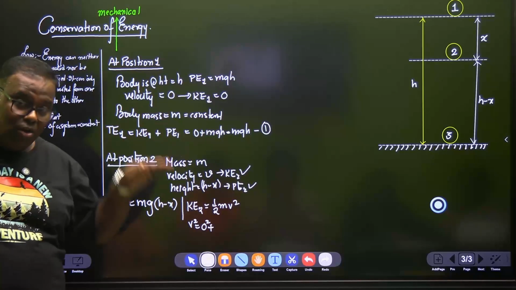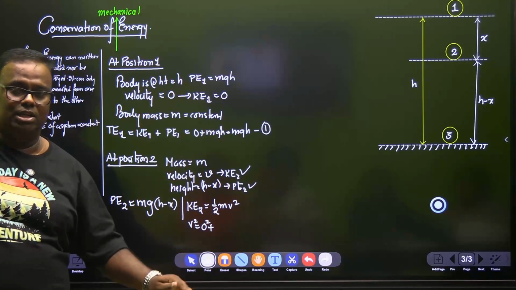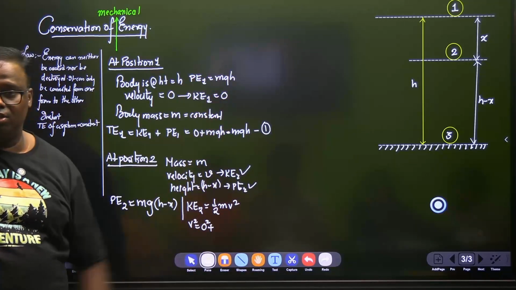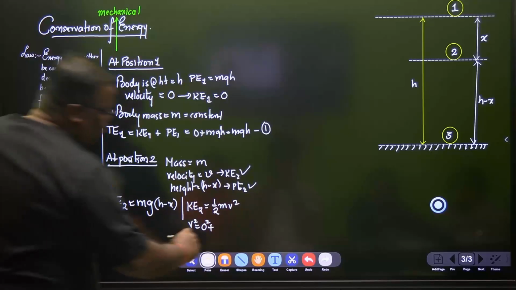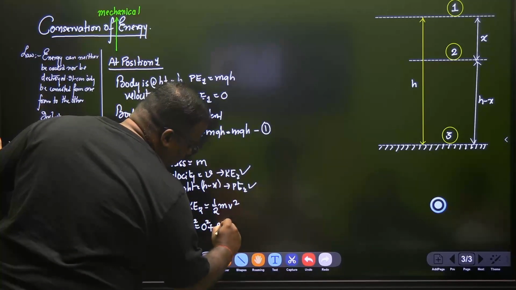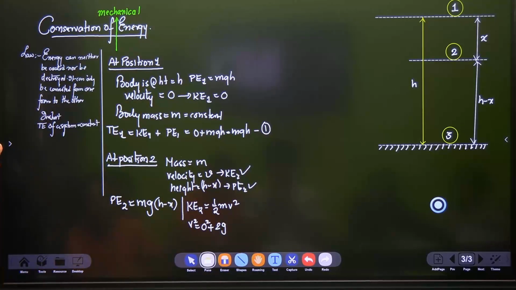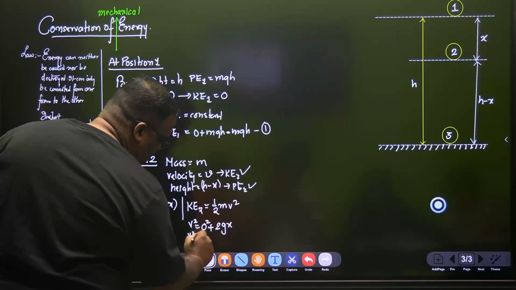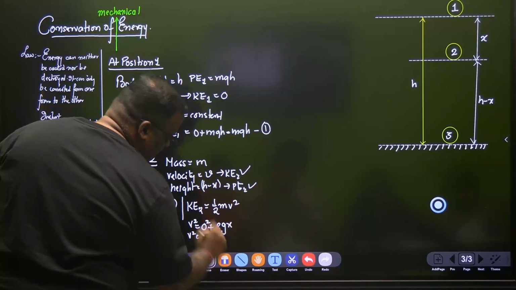Now you're coming along with gravity, you're going along with acceleration, right? U square means 0 because the initial velocity was 0. V square equal to u square plus 2g into what should I take? X, because that much distance you have traveled. So I am taking this as x, which further tells me that v square is equal to 2gx, right?